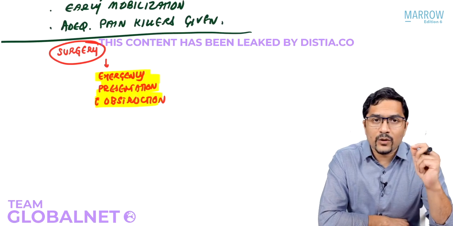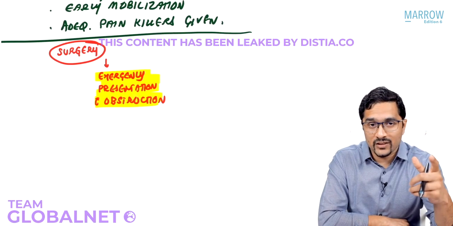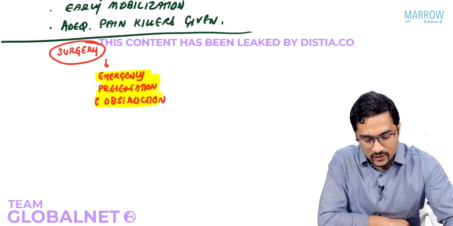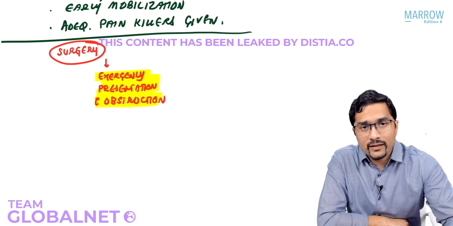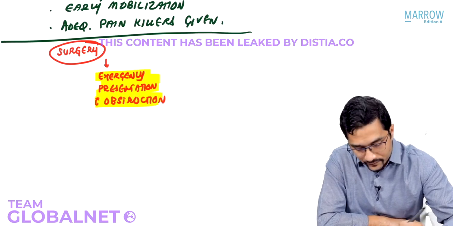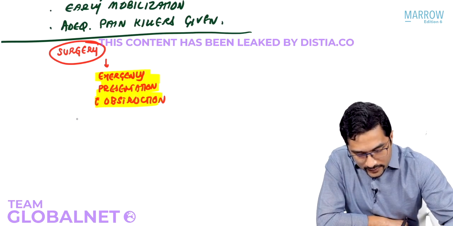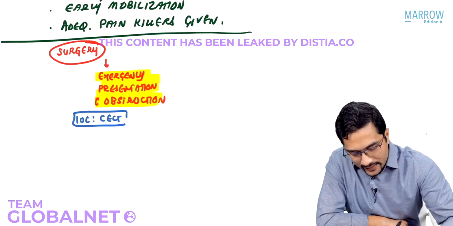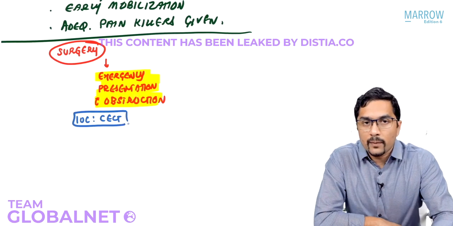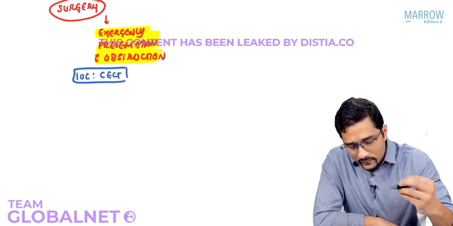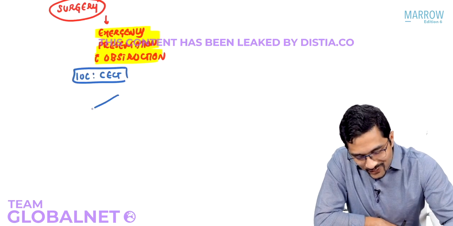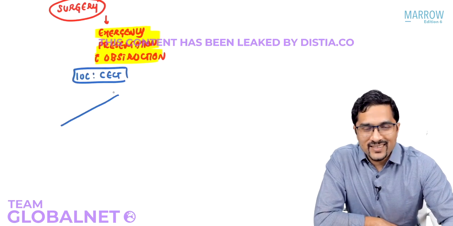So these patients with colorectal cancers can present to the emergency with obstruction, and what will be the treatment modalities at that time? You know that if there is obstruction, the investigation of choice is CECT. That will tell us that there is obstruction and that it's due to a mass, and we have to manage the patient. So let's look at the scenarios and what are the various surgeries done.